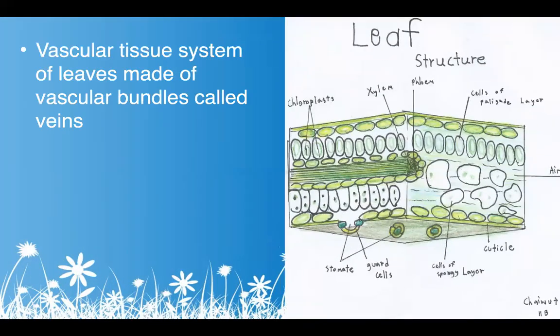Not too complicated, hopefully. Now, the vascular tissue system is made of vascular bundles called veins. I'll just circle it, this is a vein right here. You can see again, the xylem is on the inside, phloem towards the outside.